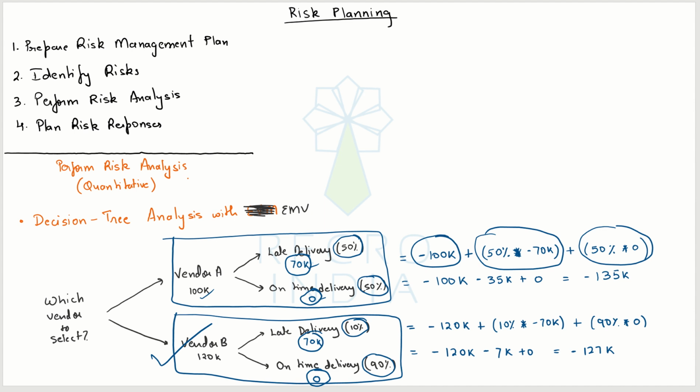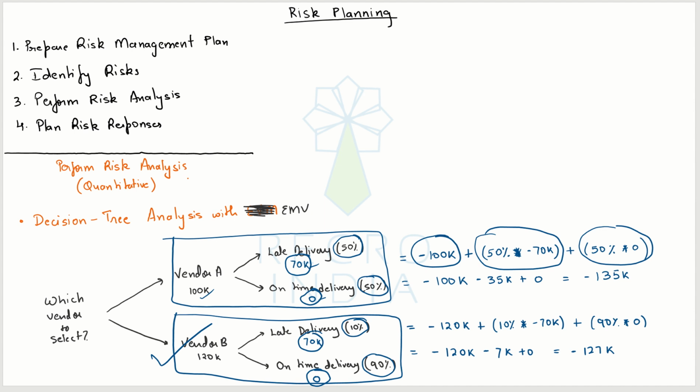Now, of course, if these were earnings, if this was not the money going out of your pocket, but the money coming into your pocket, then of course the higher the value, the better it is, because we want to go with a decision where we end up earning more money.